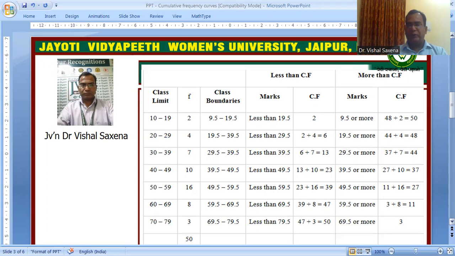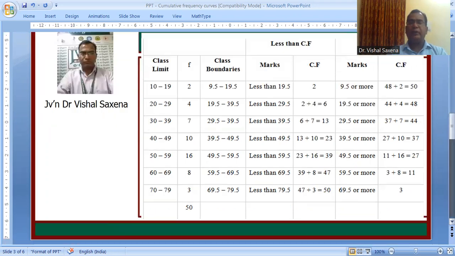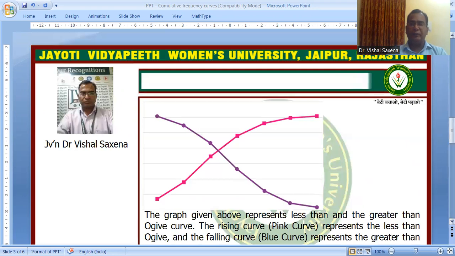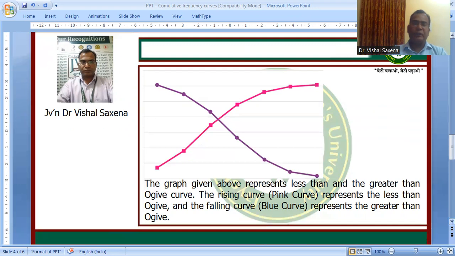When these points are taken on this coordinate system, they are again joined, and in this way the two curves, the less than Ogive and the more than Ogive, are obtained. This figure shows the more than and the less than cumulative frequencies.